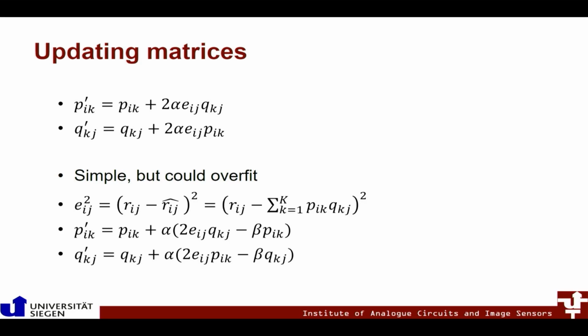I use that error function to update my elements, so it's gradient descent. We keep on updating, and after some iterations I should get a matrix where these numbers look like this and this number looks something else. That something else will tell me what this person might have done, so the error will give that number.